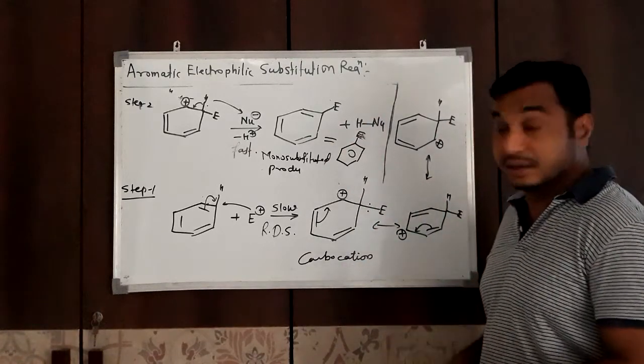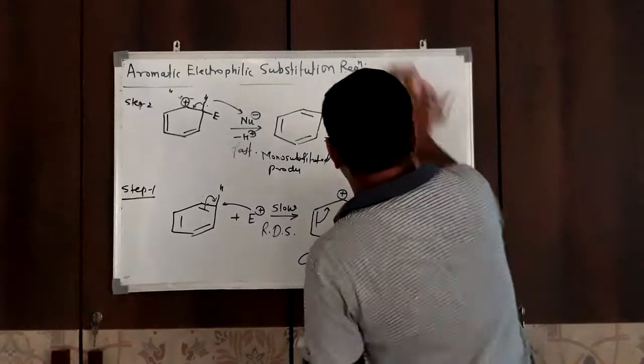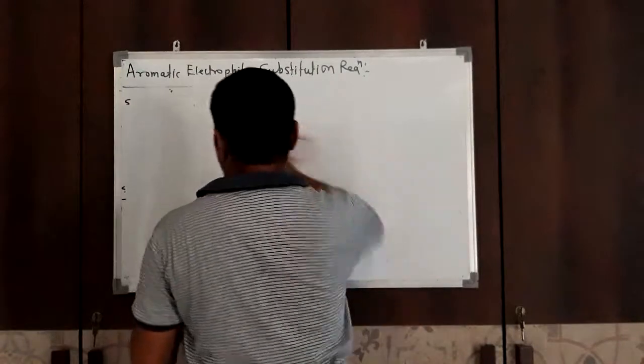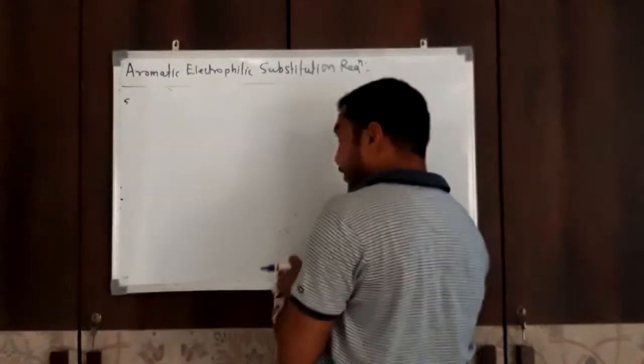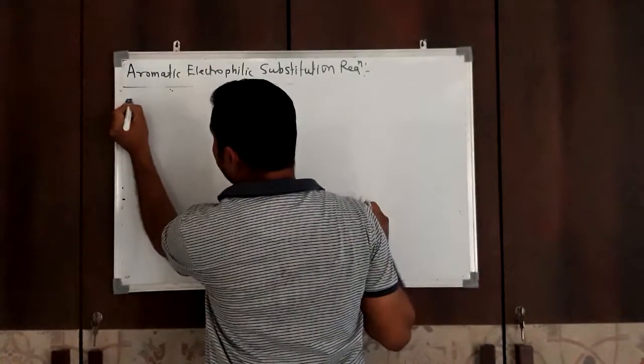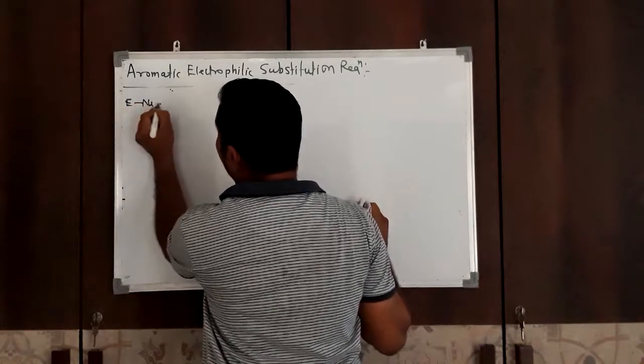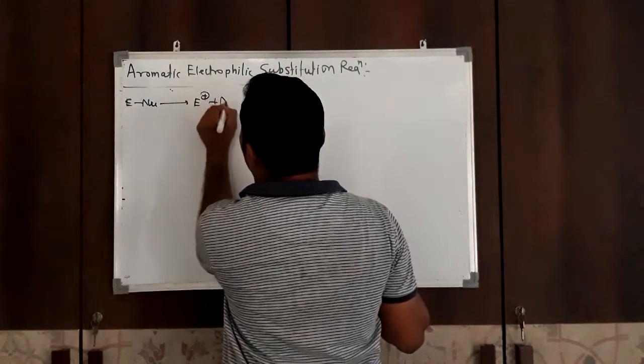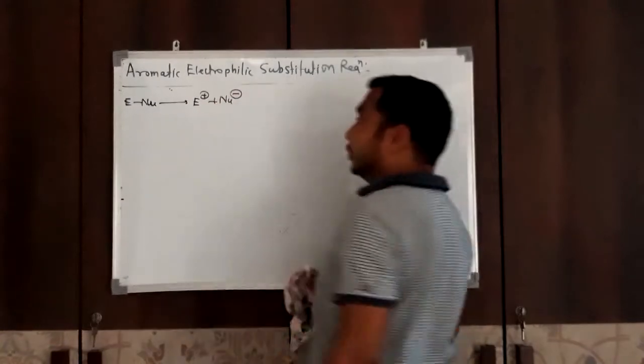So how does this reaction take place? In step 1, initially the reagent molecule produces a positive part, that is the electrophile, and a negative part, the nucleophile.